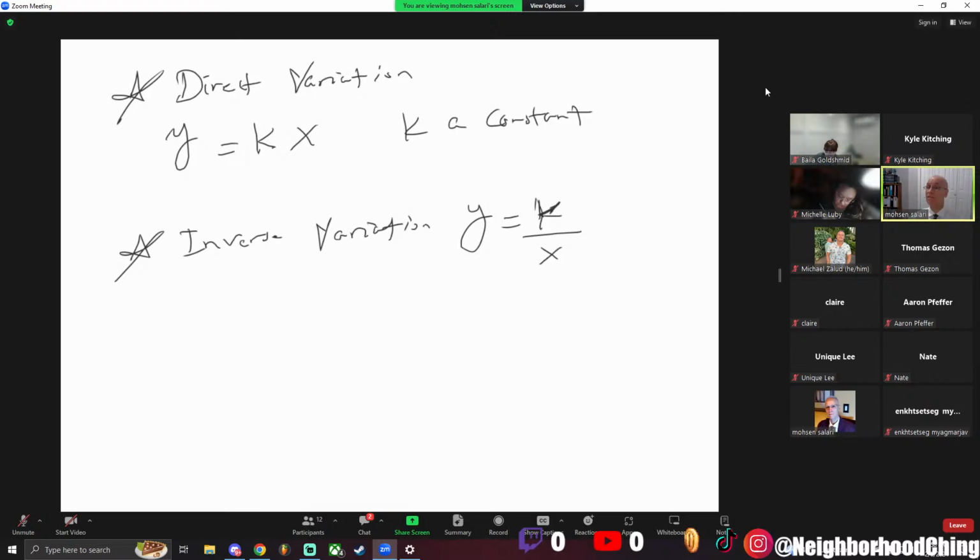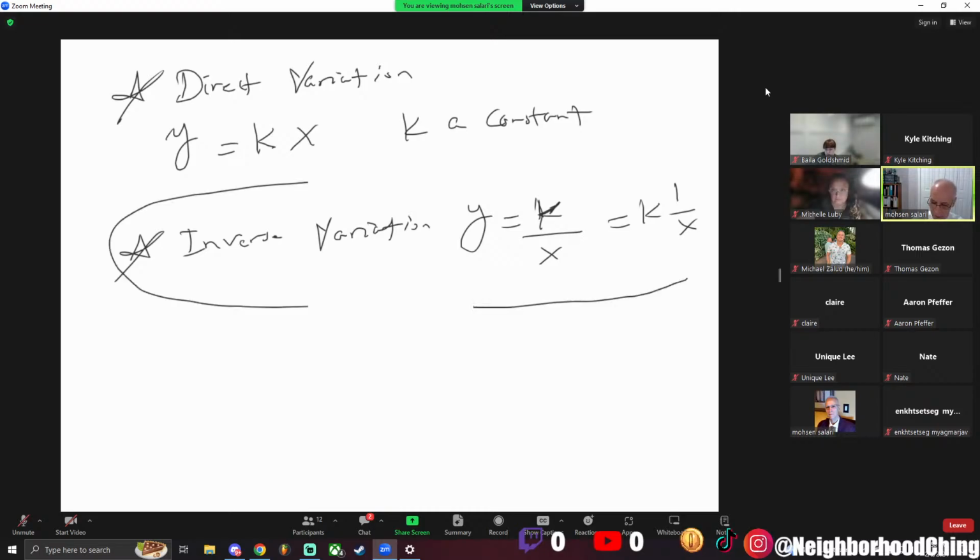So x is now in the denominator, which is the same as saying k times 1 over x. Some students like that better because k remains the same, but the inverse of x is 1 over x. So now the word inverse is there. This is the formula we are going to be using.